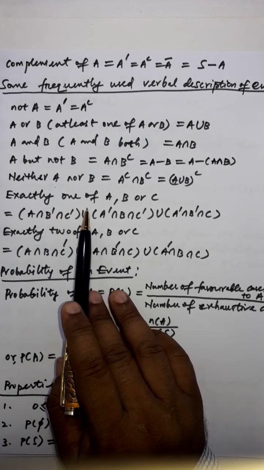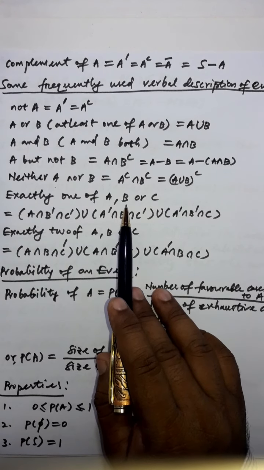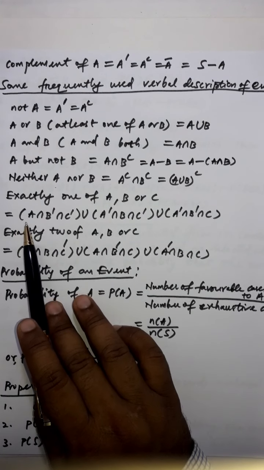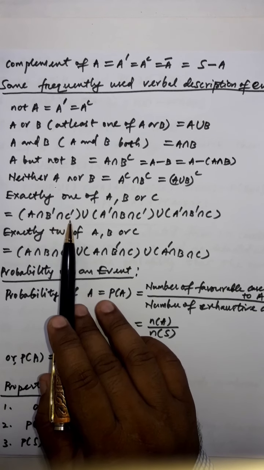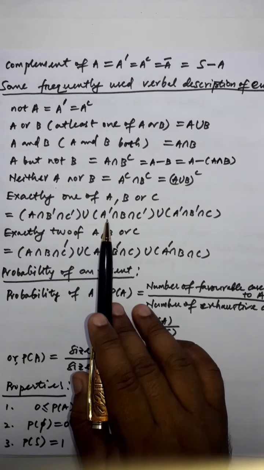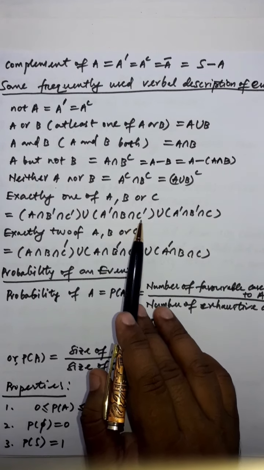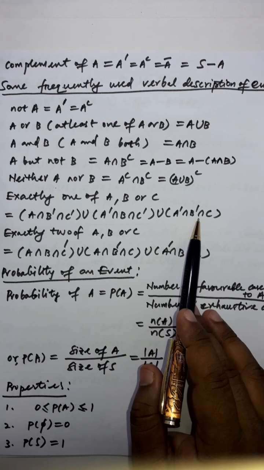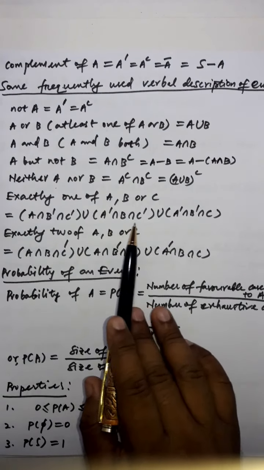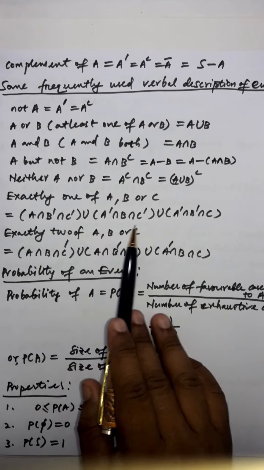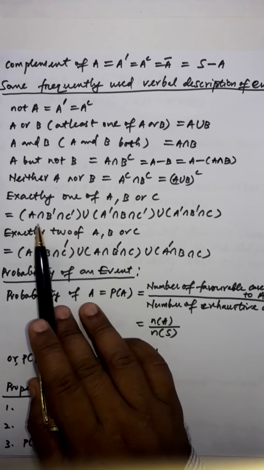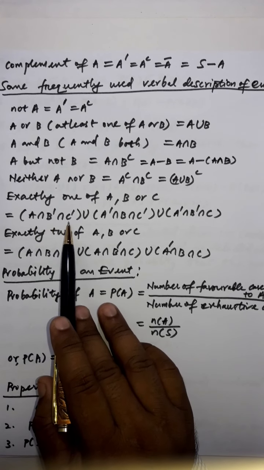Now to represent exactly one of A, B or C, it will be represented as A intersection B complement intersection C complement, whole union A complement intersection B intersection C complement, whole union A complement intersection B complement intersection C. You can see three intersection combinations are taken and they are united, but in each intersection only one is free, and the other two complements are taken.